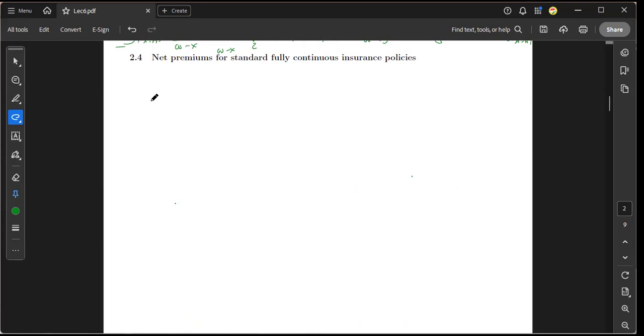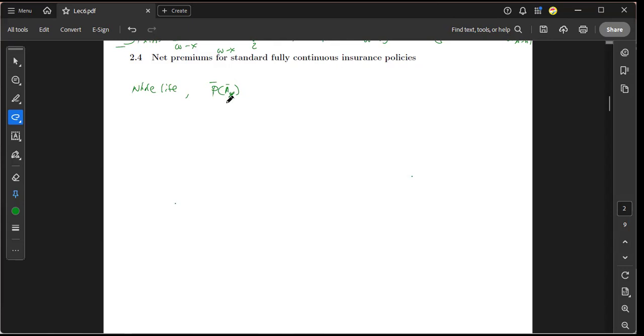The notation changed a bit. Since it is continuous, suppose a whole life, then the premium is continuous. So we have a bar there, and the benefit is also continuous. This is a notation to say that the premium is continuous and the benefit is continuous.